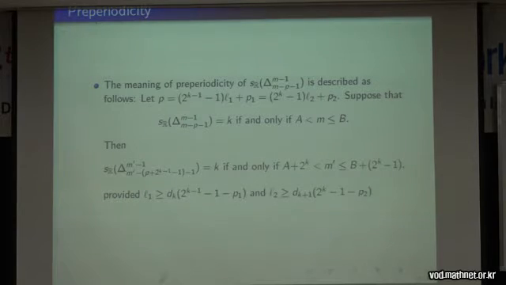Suppose we are given m and p, and the real Buchstaber invariant is k if and only if m is bounded by a and b. Then if we shift p by p plus 2^(k-1) minus 1, that is the period.